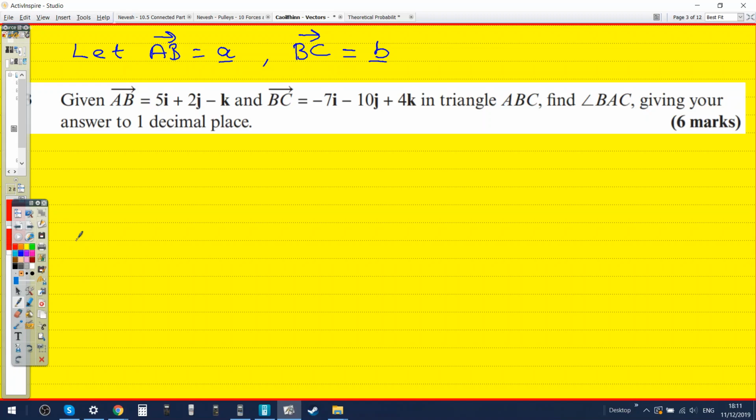It says math error. I think it's because if we were to sketch this triangle, so let's say A and that's B. And so then we have B to C, minus 10, so something like there.